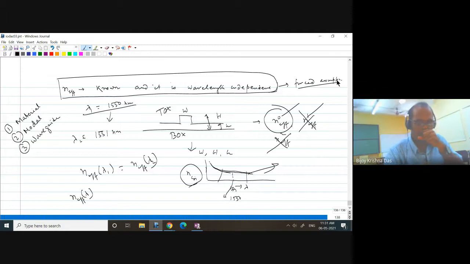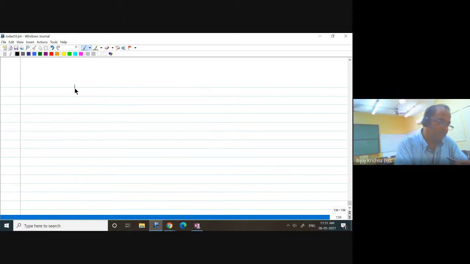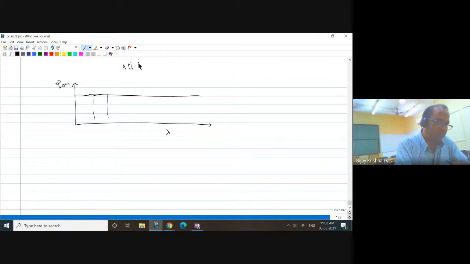It is not really so. Then, in the all-pass configuration, suppose this is lambda and this is your output intensity, power output, for example. I know that certain wavelengths will be dropping at the output. All pass means only one bus entering, and certain wavelengths will be missing in the output.